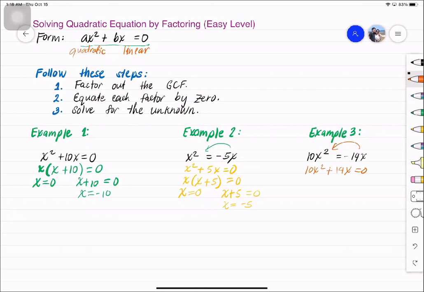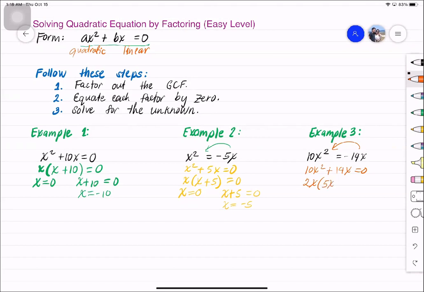What is the greatest common factor between 10x squared and 14x? We have 2x, because the common factor between 10 and 14 is 2, and the common factor between x squared and x is x. That's why we factor it out. 10x squared divided by 2x, you get 5x.